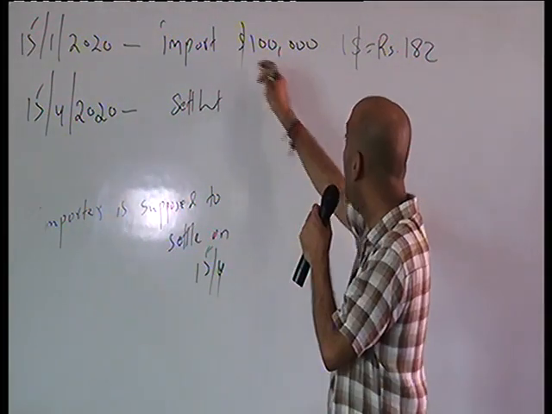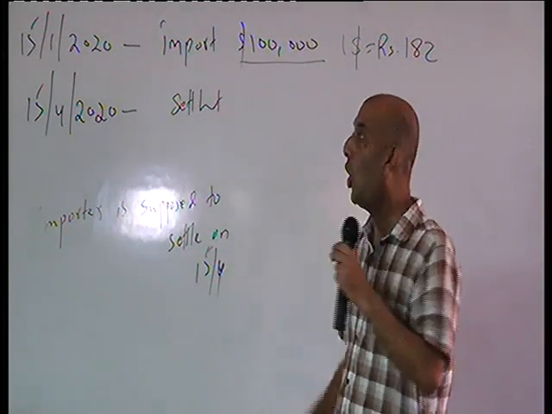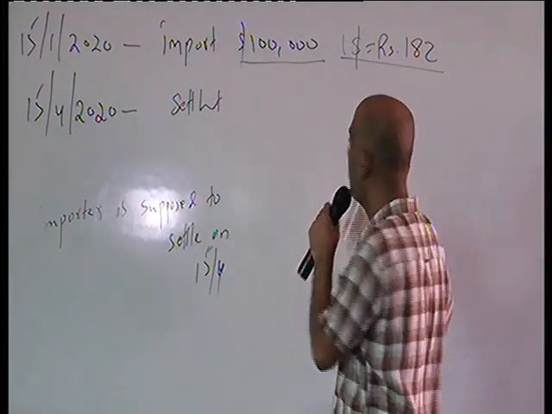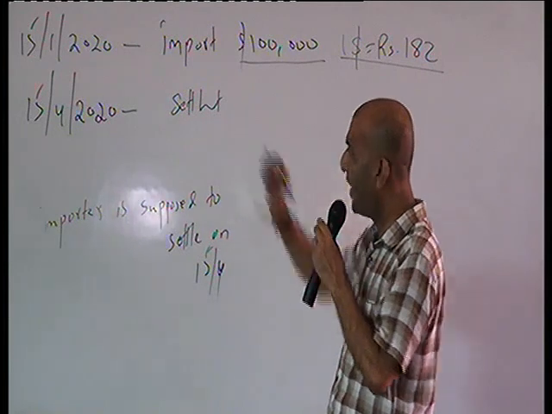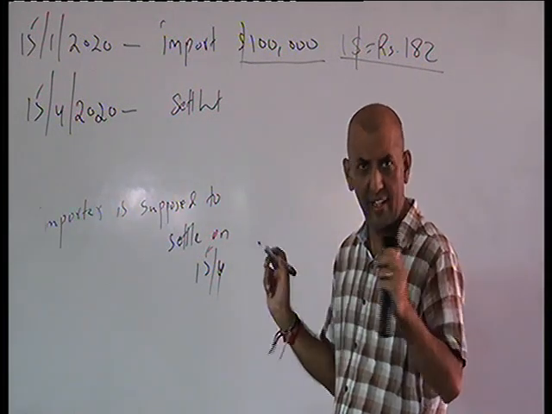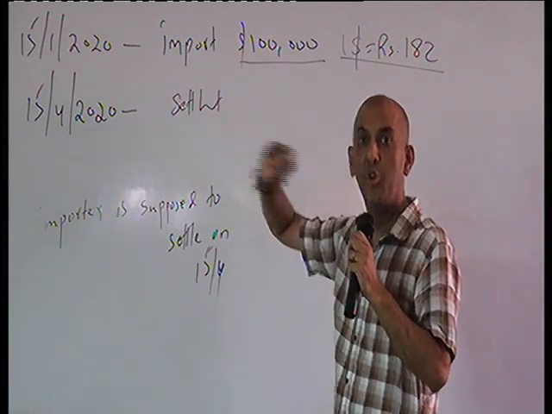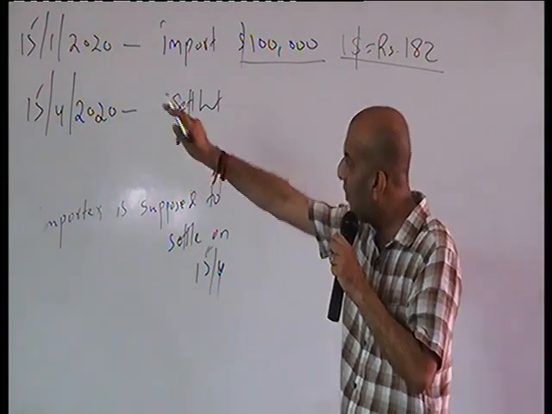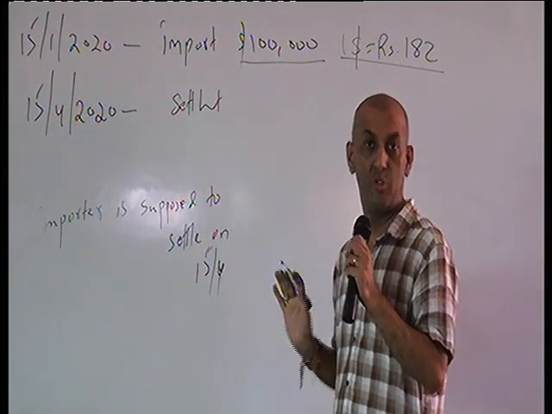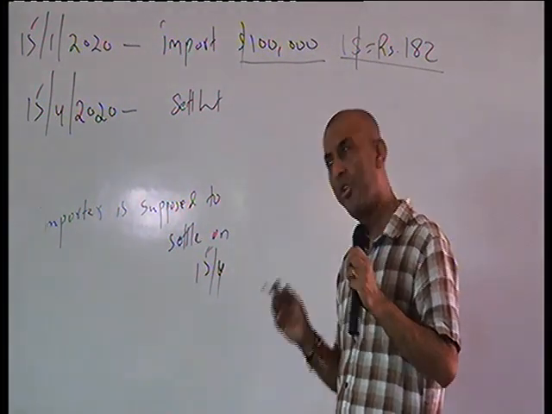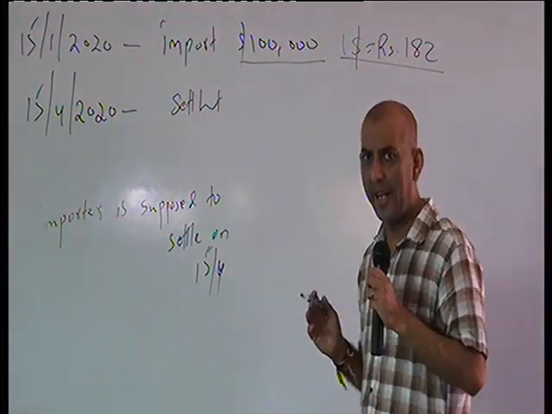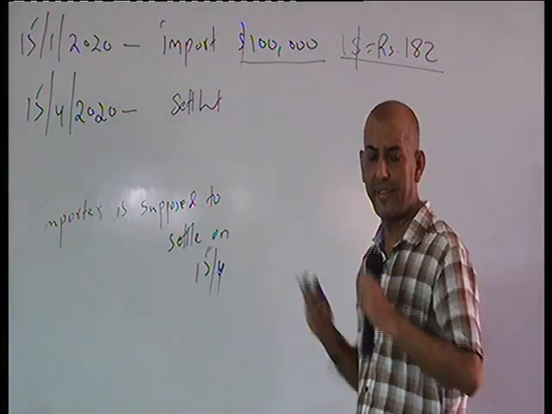How much you have to settle? $100,000. On 15th of January, the rate is 182. 15th of April, we don't know the exchange rate. On 15th of January, nobody knows the 15th of April rate. So, you go to the bank and ask, what's going to be the rate?